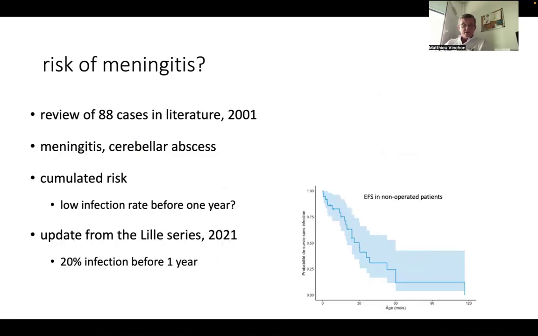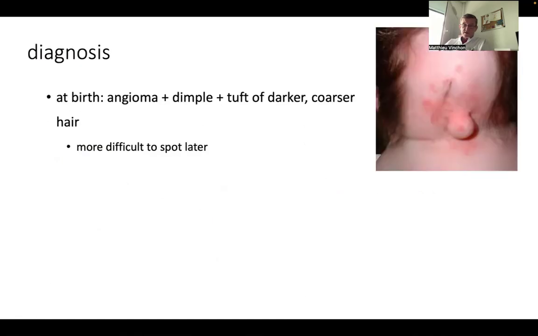But more recently, we did an update from the Lille series on the occipital dermal sinuses, and we found that there was 20% of infection before the age of 1 year. So certainly these patients too should be operated early. And if not operated, the infection rate was 100%.